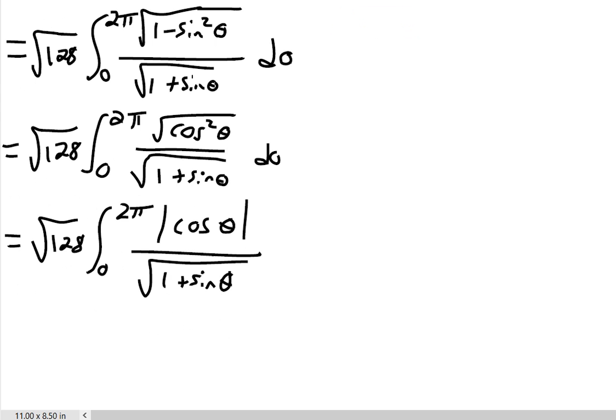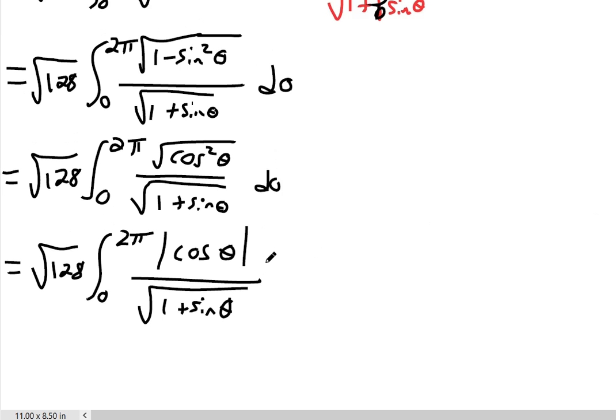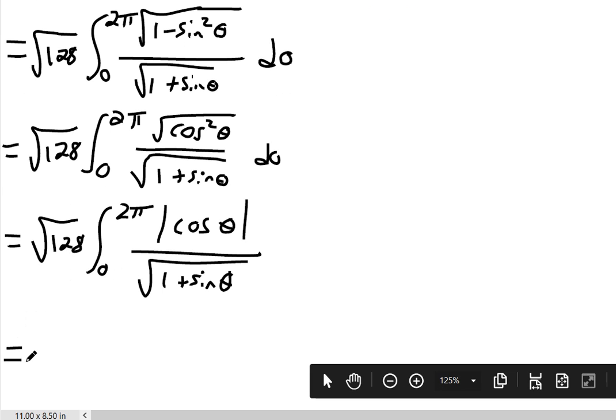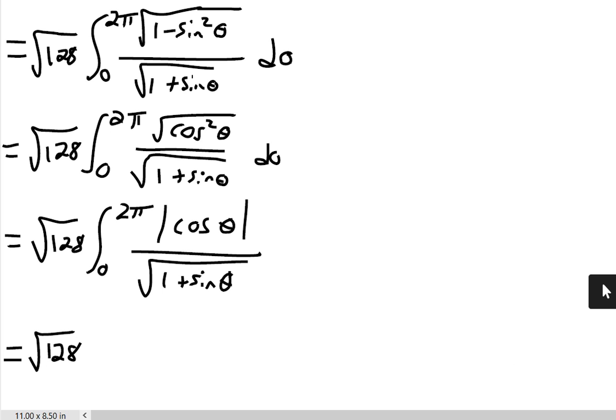Let me think here. Okay, because when you take a square root of something being squared, you have to use absolute values, we have to only consider where cosine is positive. So we should break this up into 3 different intervals. I guess you could rewrite it to make it just 2, but I think it would get a little less intuitive that way. Think about where cosine is positive.